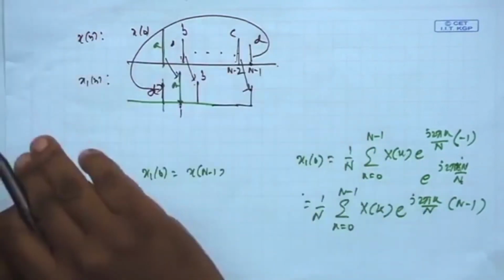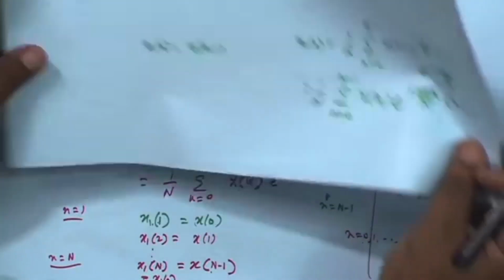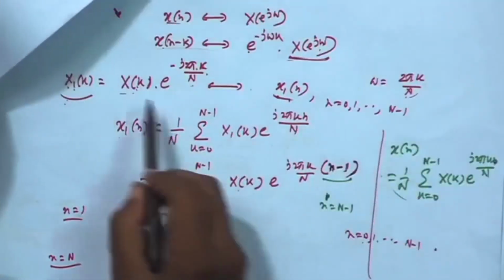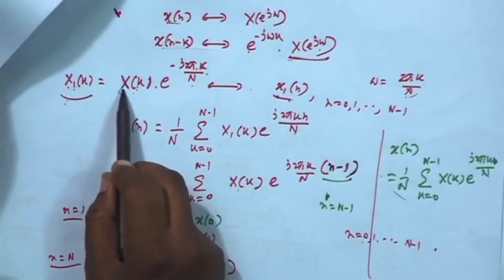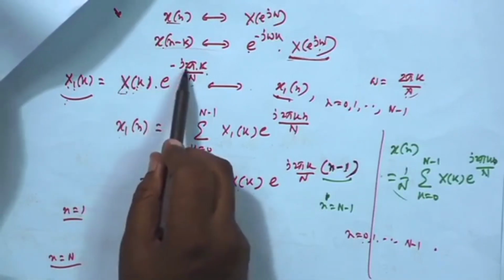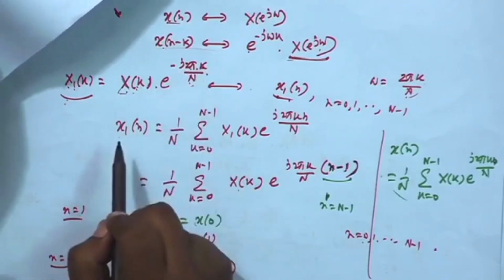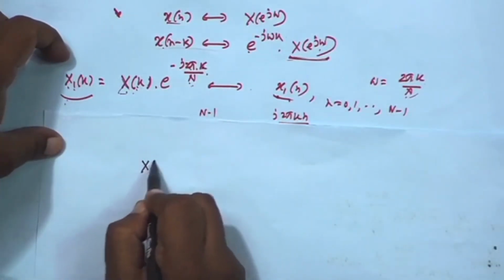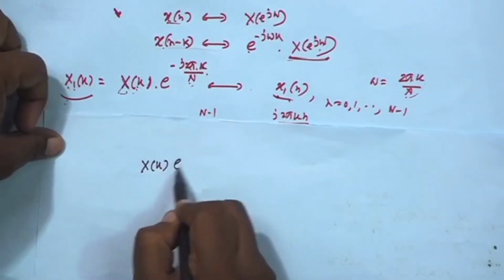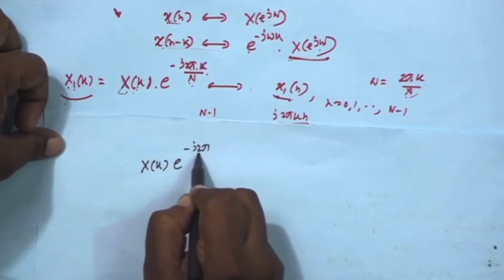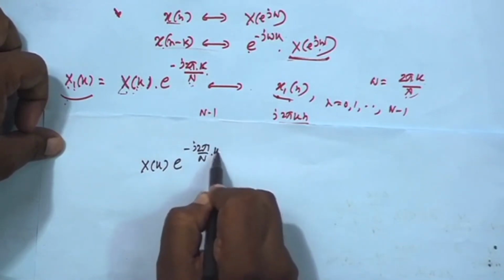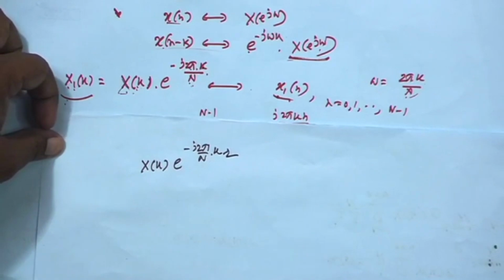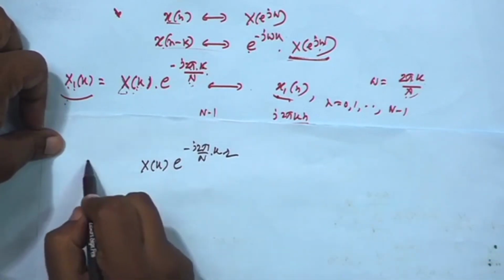So it is called a circular shift by 1. How did it come? If I multiplied the x k DFT by e to the power minus j 2 pi k by n. If now I generalize further, x k is multiplied by e to the power minus j 2 pi by n into k into r, and call it capital X 1 k.